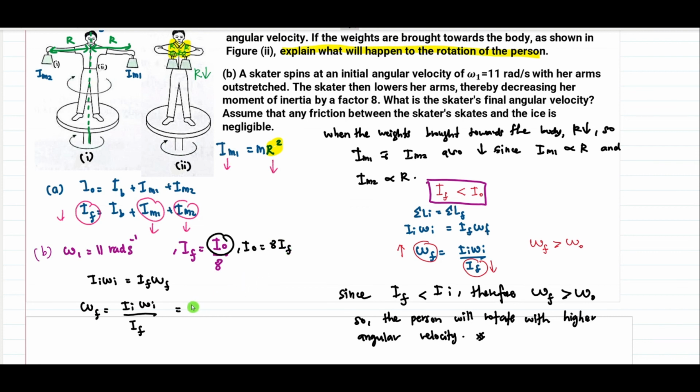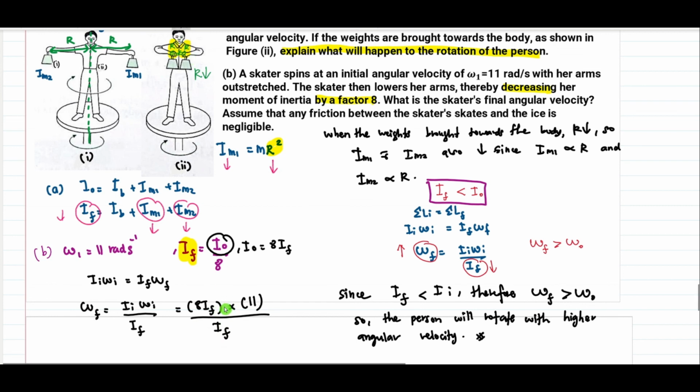We need to understand this here. The moment of inertia decreasing by a factor of 8 means one over 8, so the final will be divided by 8 because it decreases. If it were increasing, it would be 8 times instead. So now I initial is 8 I final, times omega initial of 11, over I final.